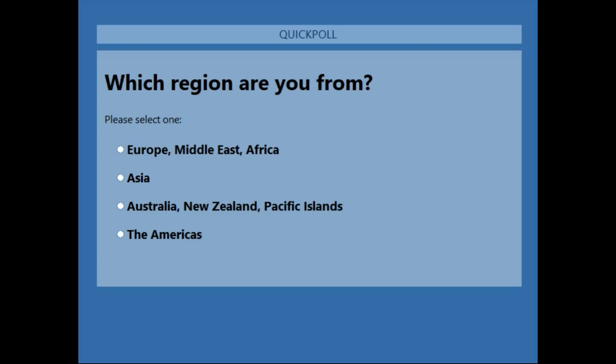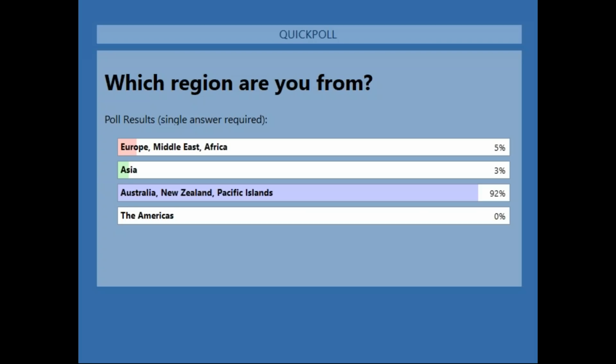Yes, so attendees are able to share their vote now. We're curious to see the results. David, what are your expectations? I think given the time, I'd be highly suspicious if anyone in the Americas was online. So I'm going to say Australia, New Zealand, and Pacific. They will have the recordings at their availability afterwards.